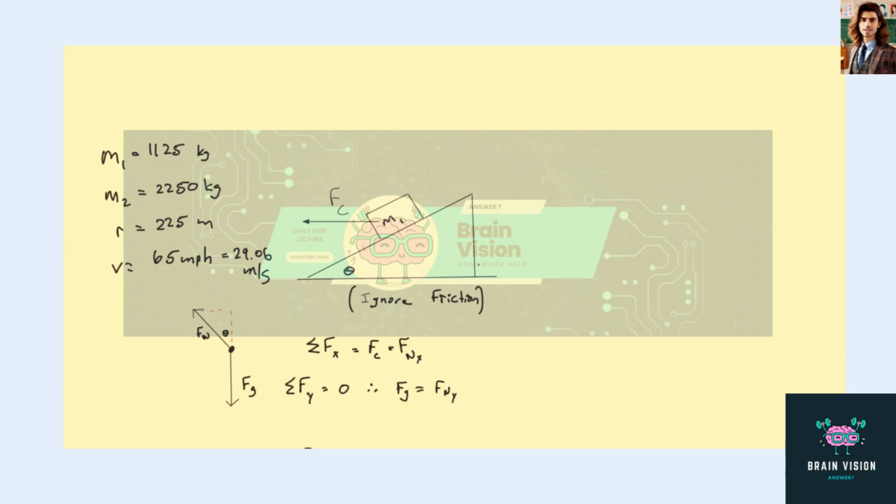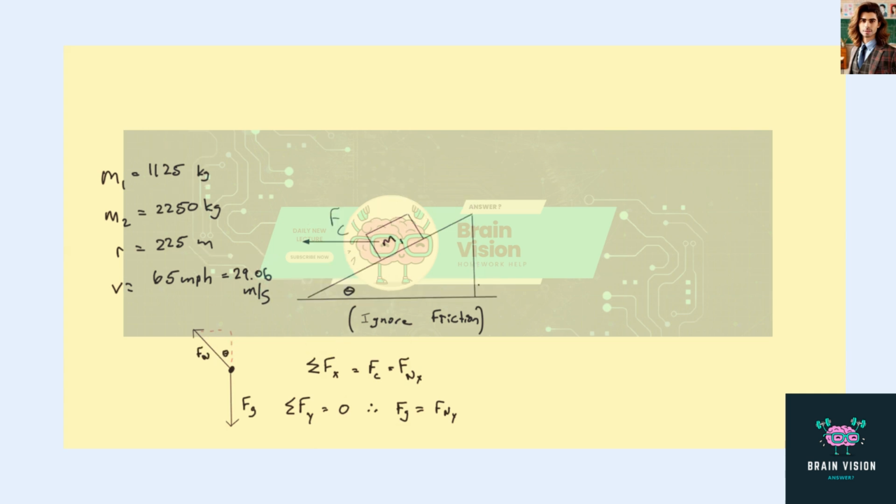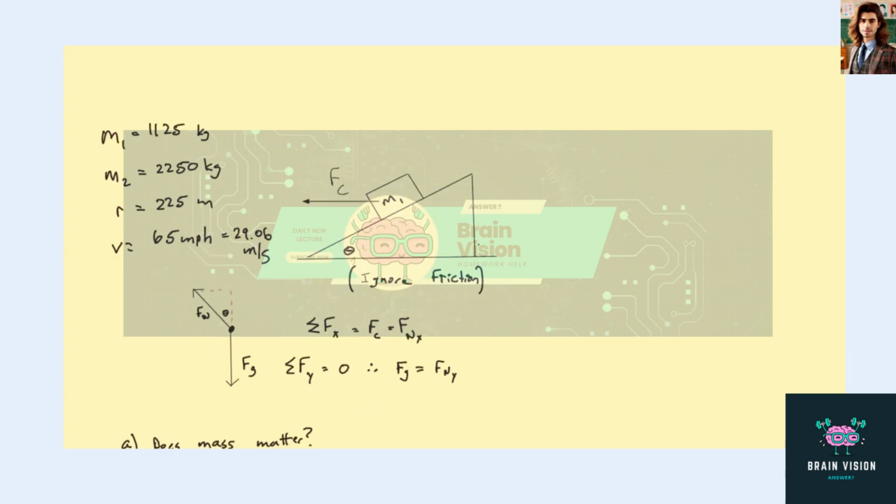So we need that net force to equal 0. So the Y component's net force must be 0. And so that means that the weight of the vehicle must equal the Fny component here. So that's what we're going to do to set this one up.